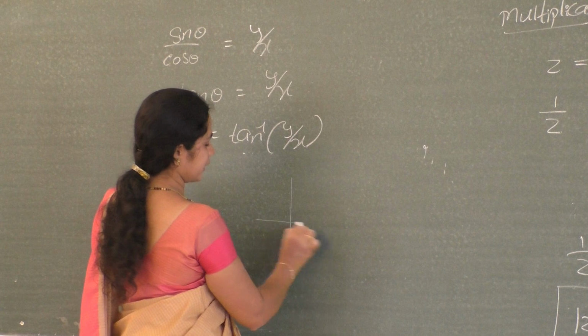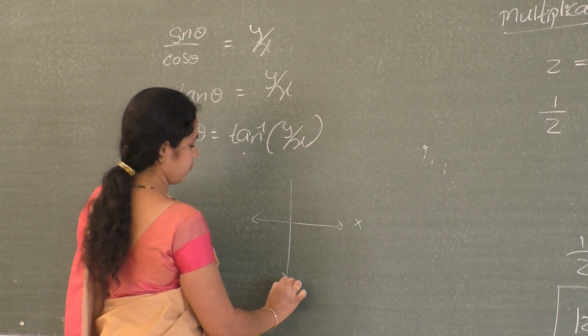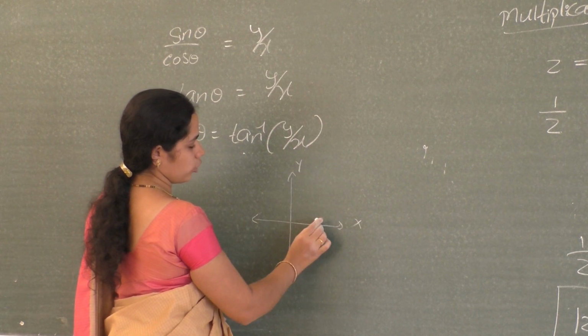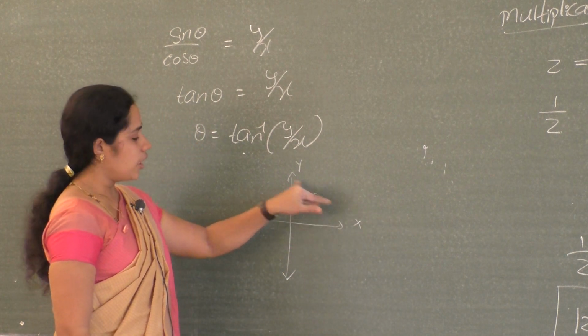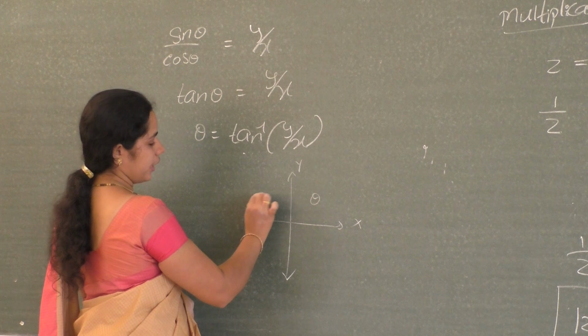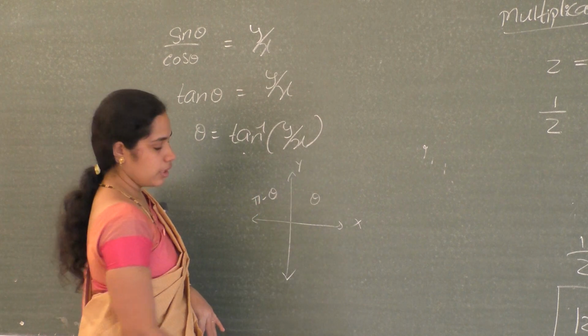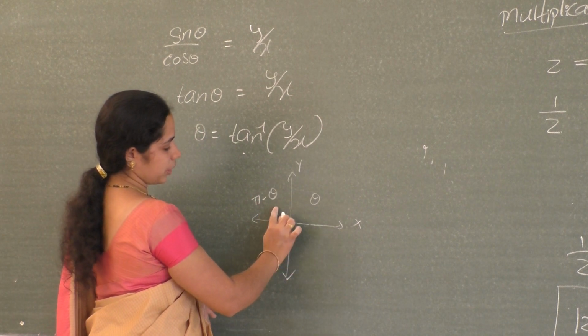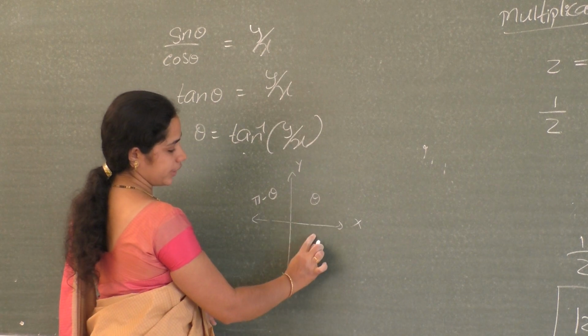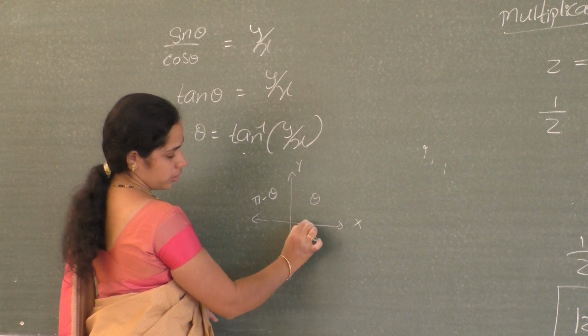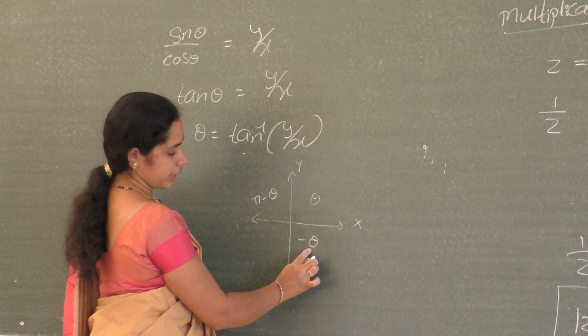If you want the principal solution, for principal solution, if it is in the first quadrant, directly we can write theta. If it is in the second quadrant, it is pi minus theta. Here principal value we have to see from minus pi to plus pi. So if it is in the fourth quadrant, clockwise direction, it will be minus theta.